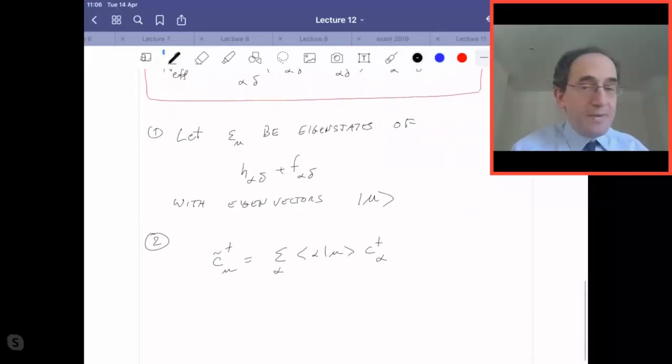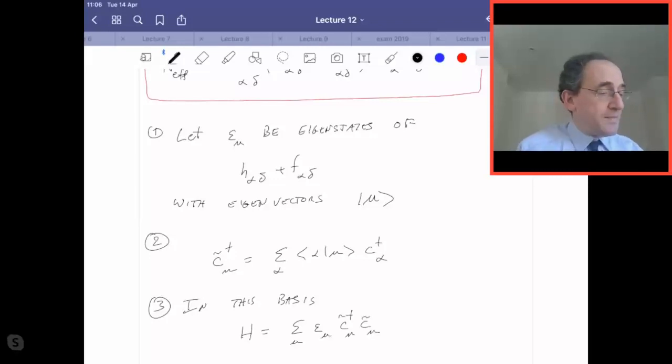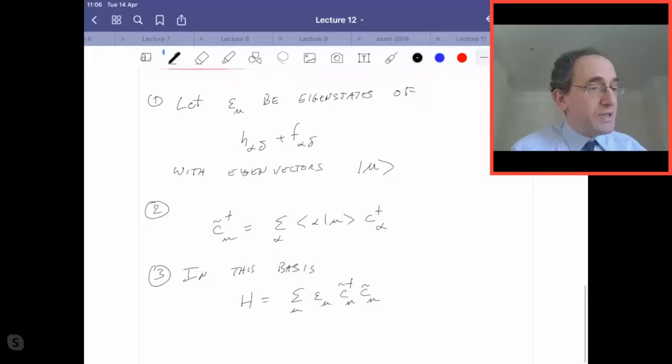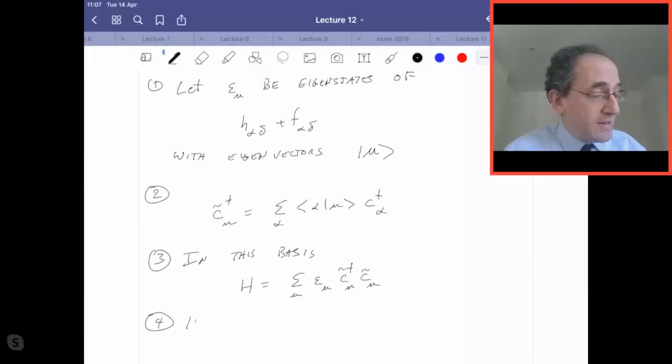Now in this basis, the Hamiltonian is really simple. H equals the sum over mu of epsilon mu, C dagger twiddle of mu, C twiddle of mu, diagonal in that basis, which is good. And so we can fill the lowest n states with electrons if there are n fermions in the system.